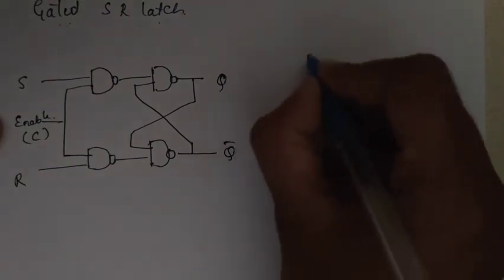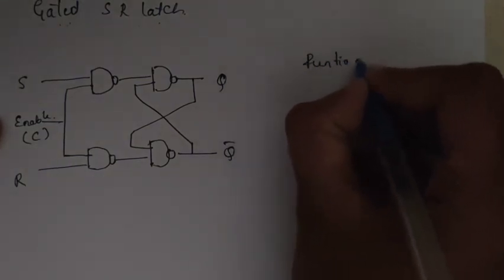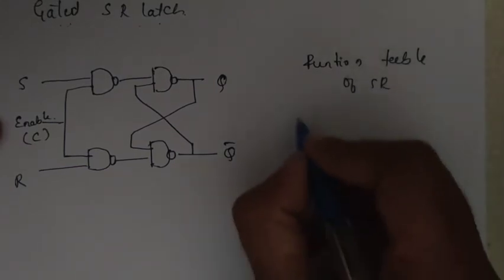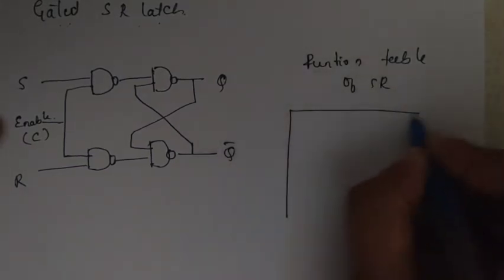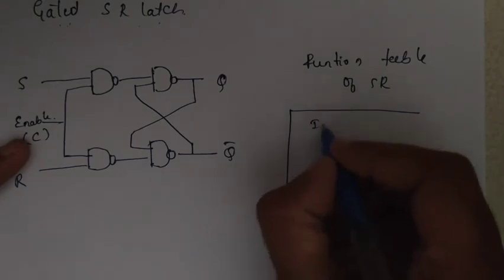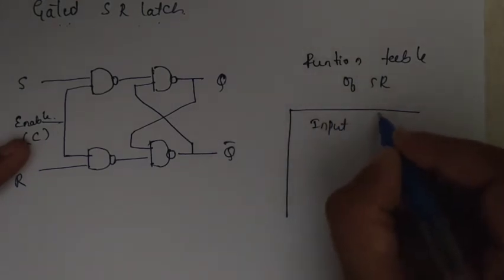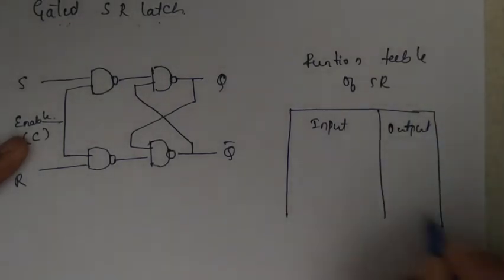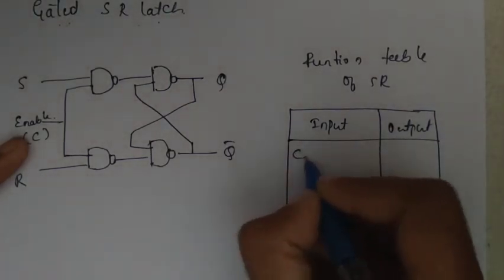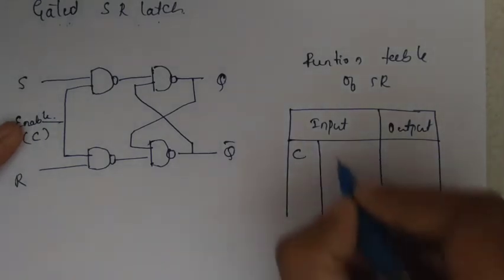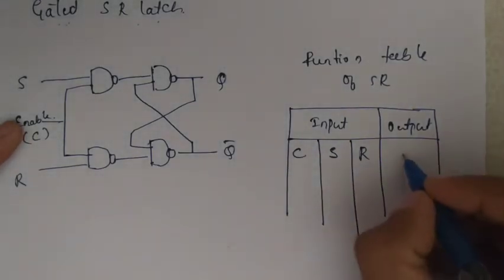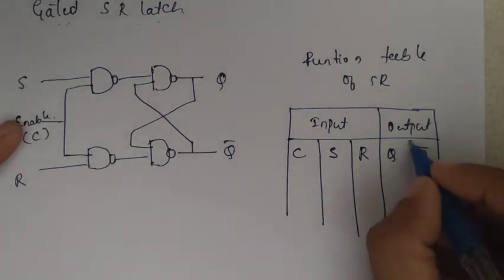So what is the function table of the gated SR latch? We have to include C, that is enable, at the input side along with S and R, and the outputs are Q and Q bar.